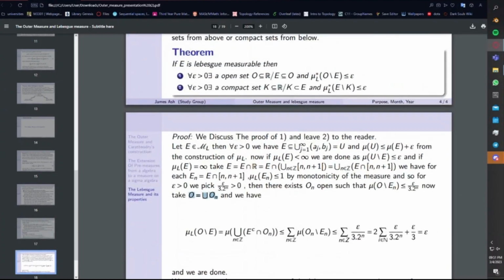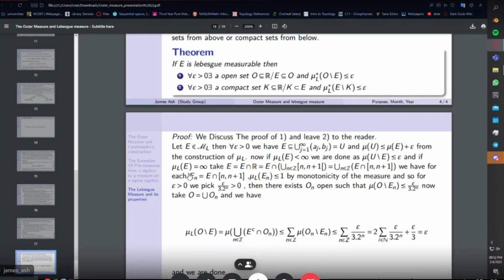So if we measure the Lebesgue measure of O minus E, which is going to be the union of O_n intersection E complement, again, we apply the sigma additivity of the measure. I'm not sure what this property is called exactly, but the measure of the union is going to be less than or equal to the sum of the measures of each individual one. So now that we are here, we know the measure of every single one of these.